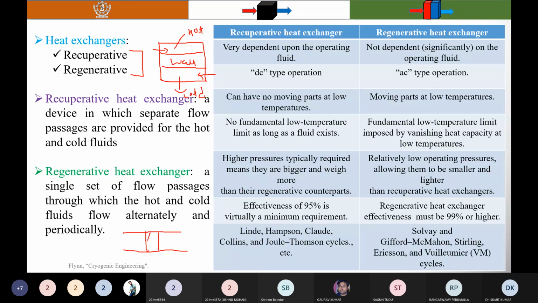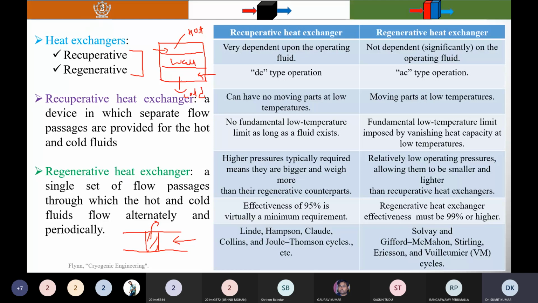First the hot fluid comes in and gives its energy to the porous media, which stores the thermal energy. Then when the cold fluid enters the same passage, the energy stored in the porous media is given to the cold fluid. That's why it is written as a single set of flow passages.